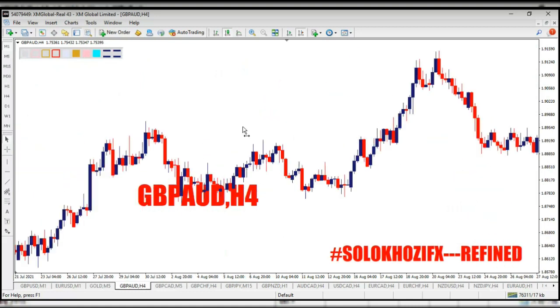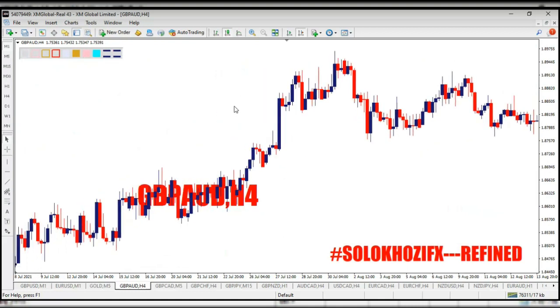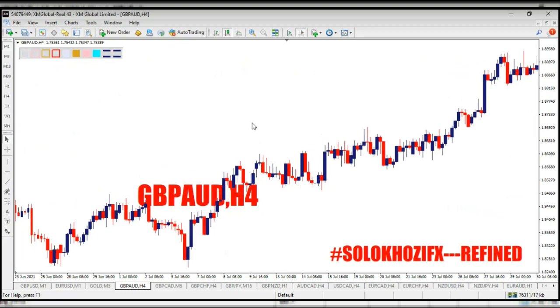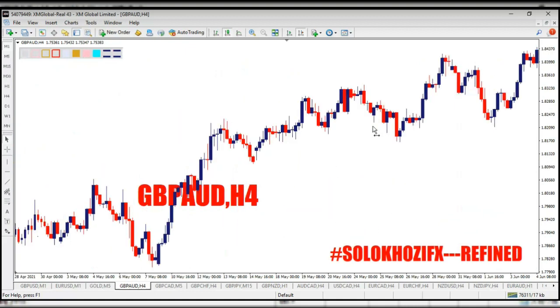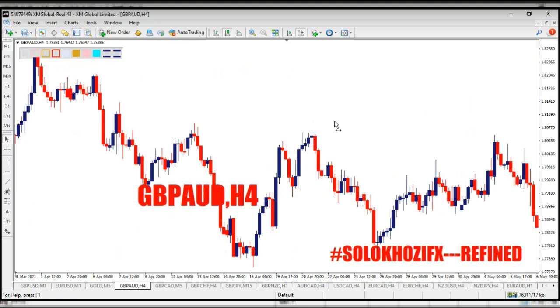Then you have a big red candle. That is also still a bearish engulfing type 1, as long as the wicks are as proper as I've taught you guys. Let me check. I think I saw one here.